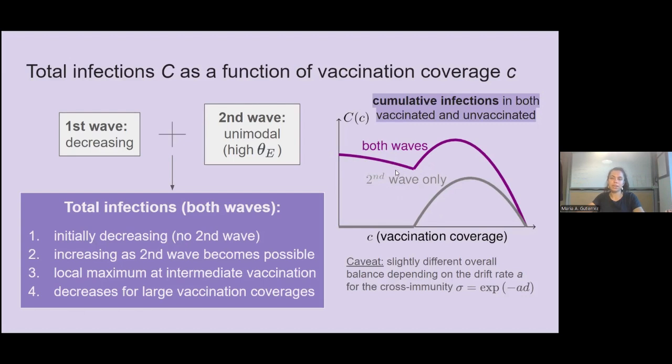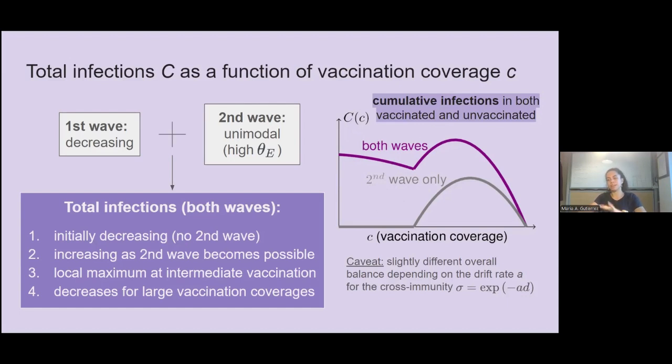That's initially decreasing with vaccination because that's the first wave only, and then once the second wave becomes possible, we have this local minimum here, another local maximum, and then it comes down again. So this is a new shape for the cumulative number of infections.